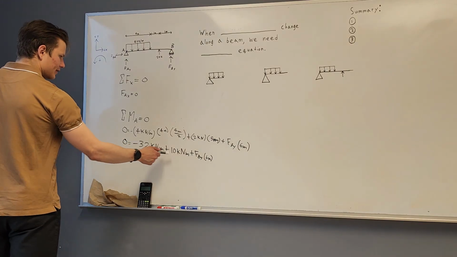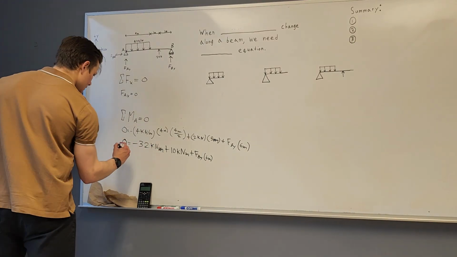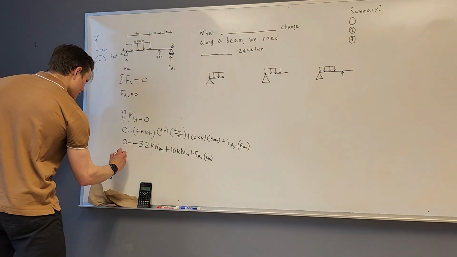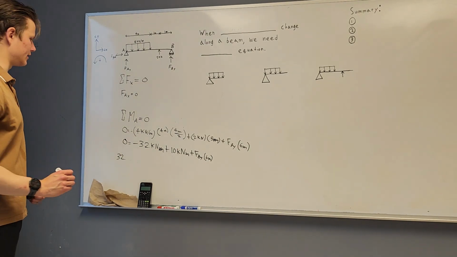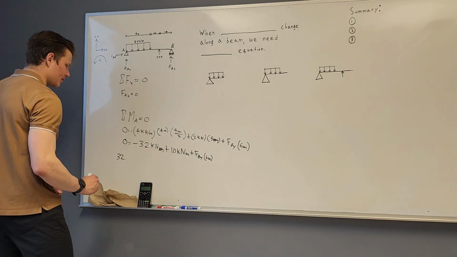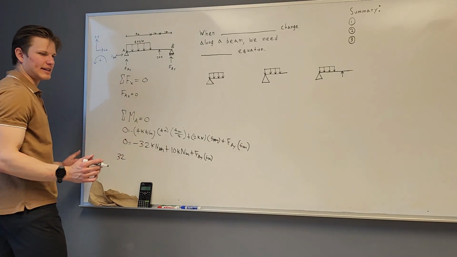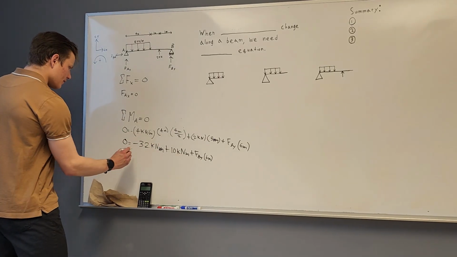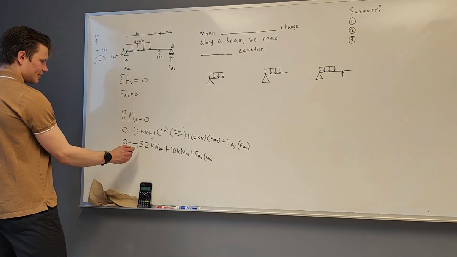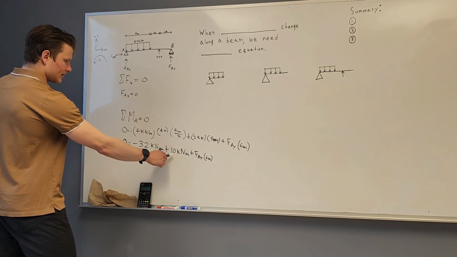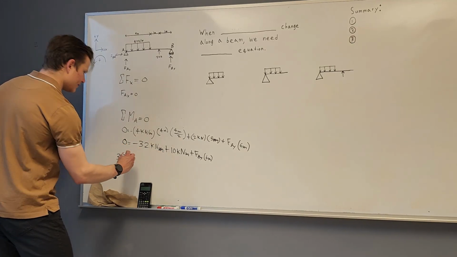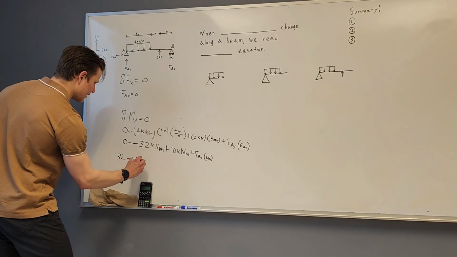So let's move these numbers over to the other side. I'm going to leave the units out for now just to speed up the writing process, but everything's going to be in kilonewton meters from this point. So we add 32 to both sides. We get nothing on this side, positive 32. Subtract 10 from both sides. We'll get a negative 10 on this side.